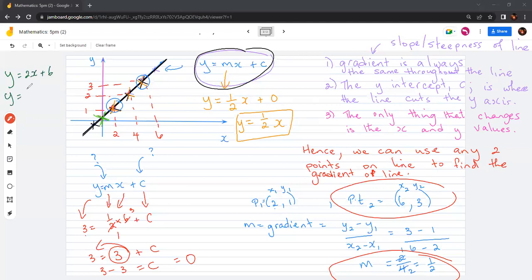Y is equal to 4x. Y is equal to 6x minus 5. These are some examples of equations. But when we write the equation, your y and your x remain as variables in the form of letters.